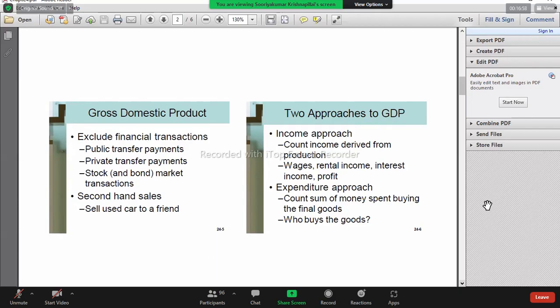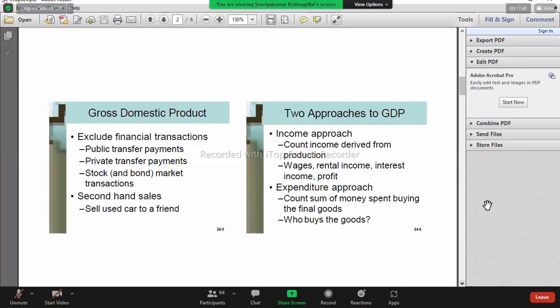For the supply of factors of production, land, labor, capital, entrepreneurial ability, all households supply these resources to the business sector. Then the business sector pays income for the supply of all these factors. The government is also involved. Governments also need goods and services, and they purchase from the business sector.